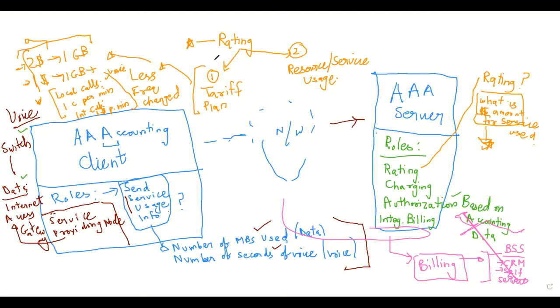So rating is dependent on tariff plan, which contains things like these and which is advertised to the user. And the second thing rating is dependent on is the actual resource and service utilization. So where does this tariff plan come from? This comes from the CRM in the BSS node, right?